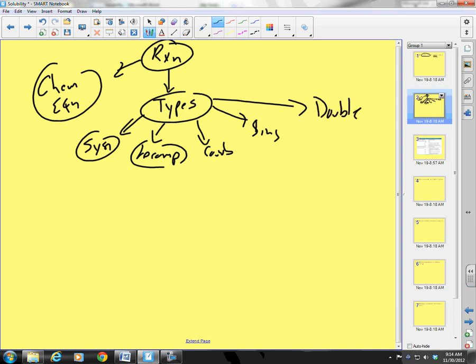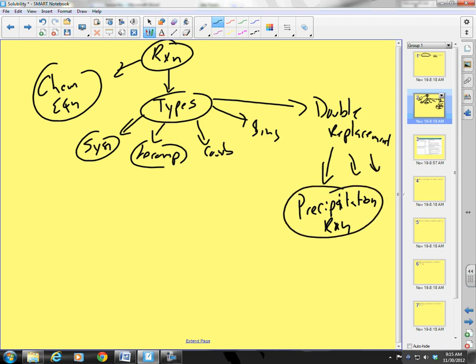We'll get to all of these. But one important part of understanding double replacement is whether a precipitate forms. One type of double replacement is a precipitation reaction, and precipitation reactions depend on solubility. So that's where we're going.